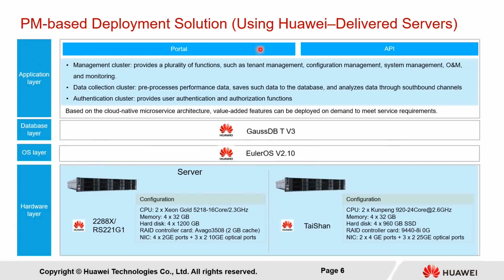At the upper layer are the applications provided by NCE, including the management cluster, data collection cluster, and authentication cluster. All these applications are provided as microservices. This layer also opens third-party APIs to northbound systems and provides the portal service for users to access NCE's web UI.